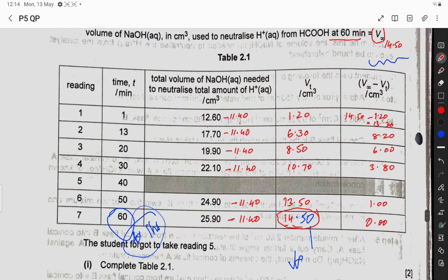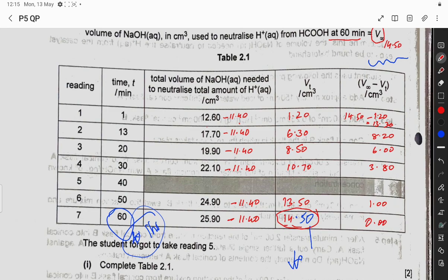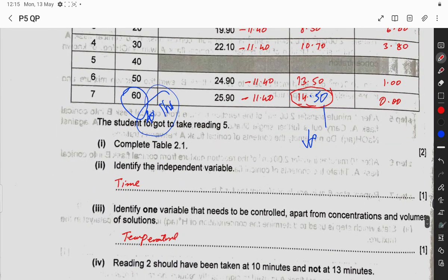So V infinite minus Vt, 14.50 is the V infinite volume, and minus 1.20 is the Vt. So this is equal to 13.30, this is 8.20, 6.00, 3.80 and 0.00. The student forgot to take reading 5.